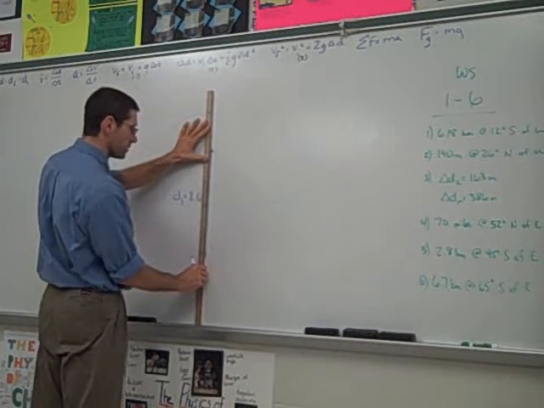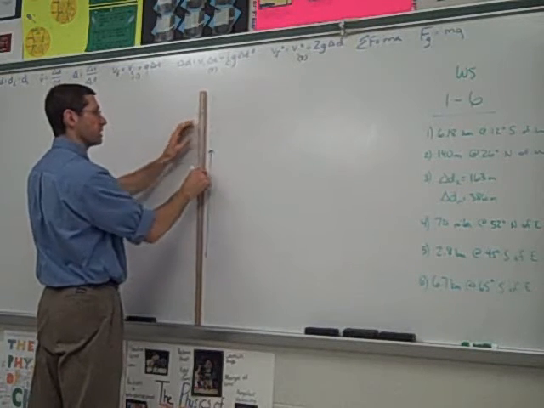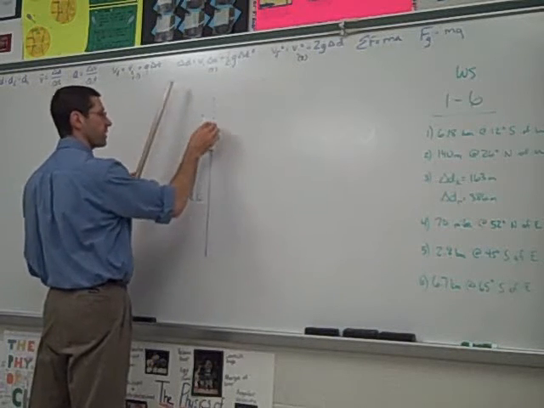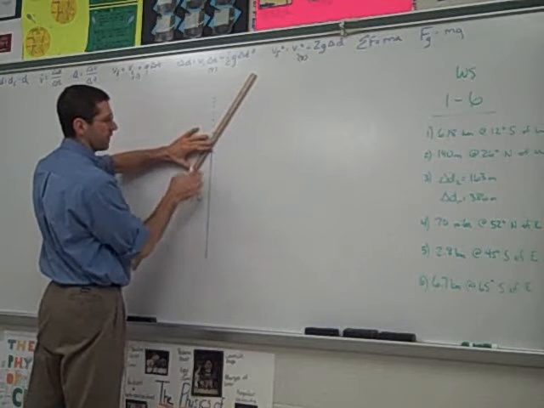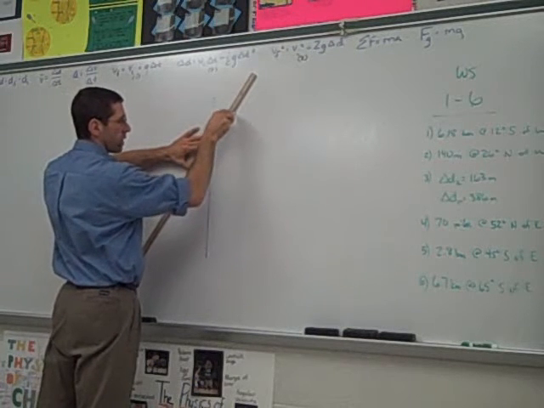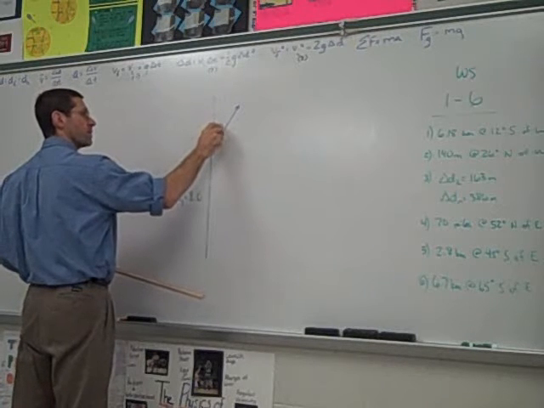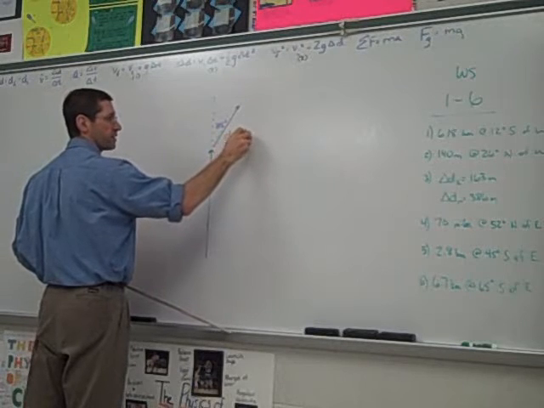So what you want to do is figure out, this is still the north direction, and he's going to go to the east of north. So he's going to go that way, 35 degrees. So you want to come over 35 degrees. So that's about 35, we'll say. And he's going to walk 3.5 kilometers. So it's 35 degrees. The second displacement is 3.5 kilometers.